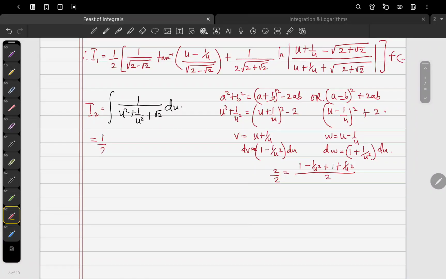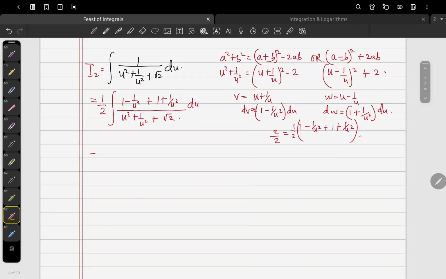So this is 1 over 2 because of this. So I can say this is 1 over 2 times the integral of 1 minus 1 over u squared plus 1 plus 1 over u squared du over u squared plus 1 over u squared plus square root of 2.